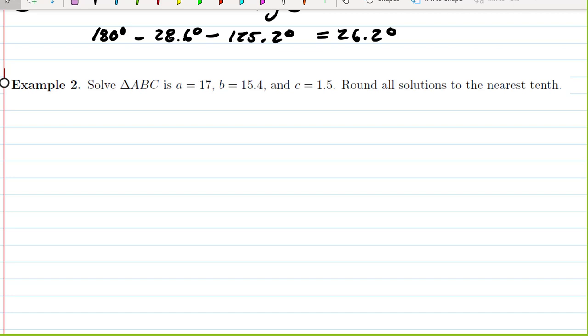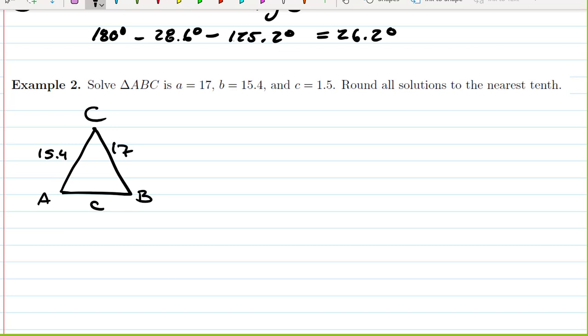So in this one, we want to set up our law of cosines once again. So we draw our triangle so that we can see what we have. We have our A, we have our B, we have our C, we have side A, side B, and side C. So side A is 17, side B is 15.4, and side C is 1.5.